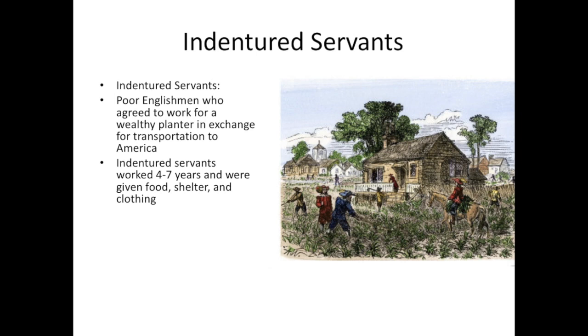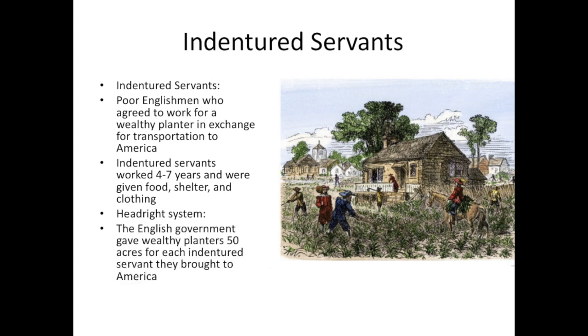Now, keep in mind that there was a system to encourage the wealthy planter class to bring the poor Englishmen to the New World. And it was rigged also to benefit not the indentured servants, but the wealthy planters. So the headright system, what it did, again, is the English government would give wealthy planters 50 acres of land every time they brought over an indentured servant.